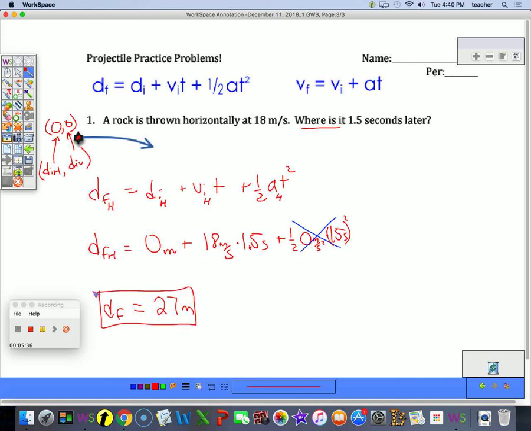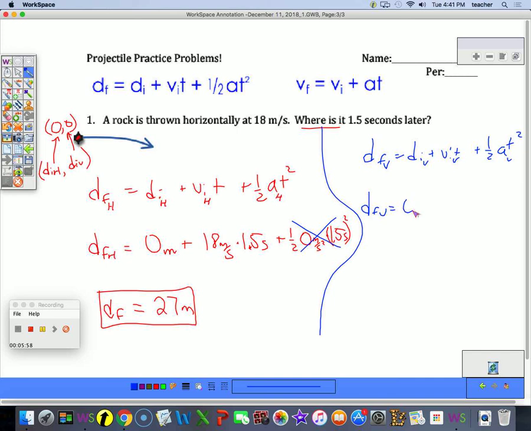It has no VI vertical speed, so that's 0. 1.5 seconds is the time. And then the third term is 1/2 times g, because that's the vertical acceleration, times 1.5 seconds squared. In this case, you'll notice that the first term is 0, the second term is 0, and only the third term gives us a useful value.